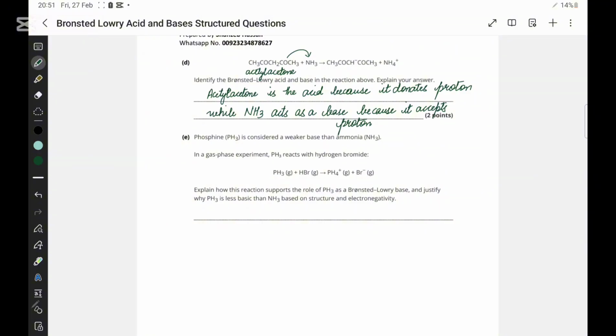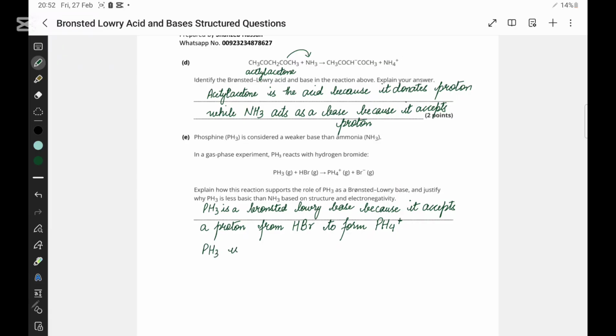PH3 is a Bronsted Lowry base because it accepts a proton from HBr to form PH4 positive. PH3 is less basic than ammonia.